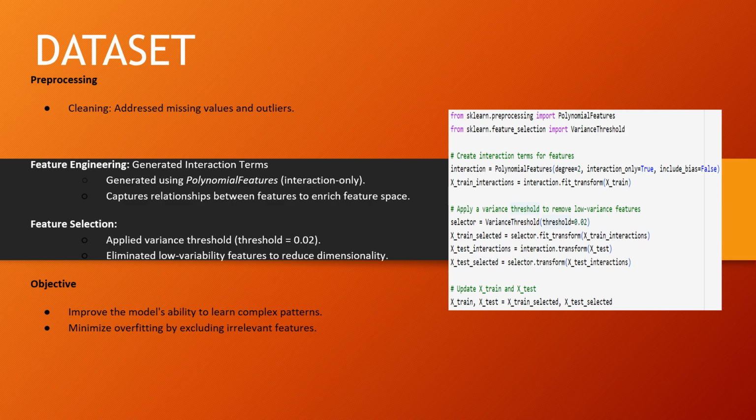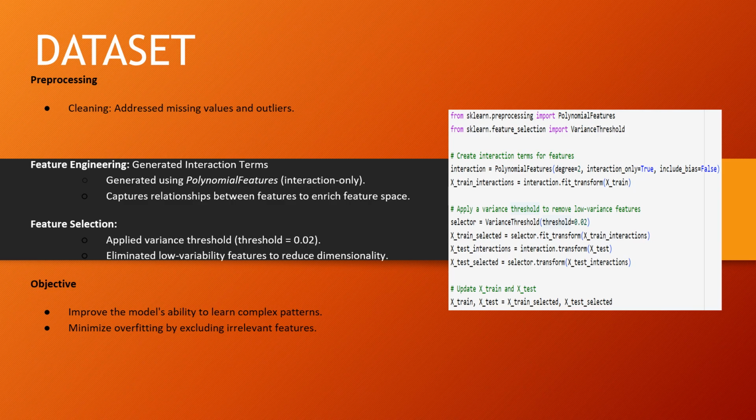We have performed a series of pre-processing steps to clean the data, including handling missing values and addressing outliers. The two important pre-processing steps we are focusing on here are feature engineering and feature selection. Initially, we created interaction terms using polynomial features. This allows us to combine features to capture relationships between them.